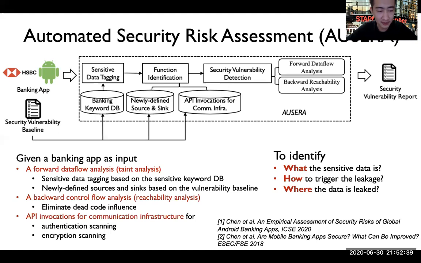We also use a backward control flow analysis to reduce false positives. We also combine the pattern-based approach to examine the authentication and encryption security weaknesses. Due to time limitation, if you are interested in the technical implementation, please refer to our paper.